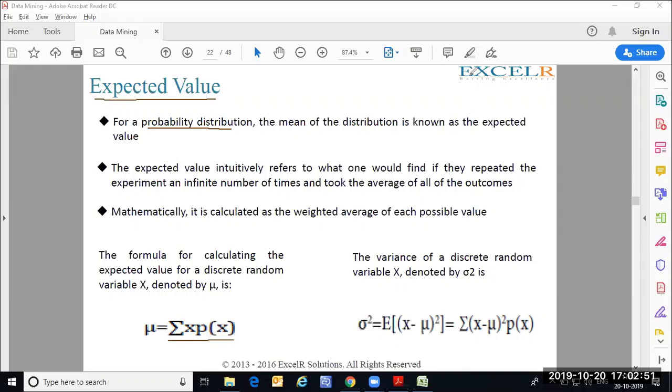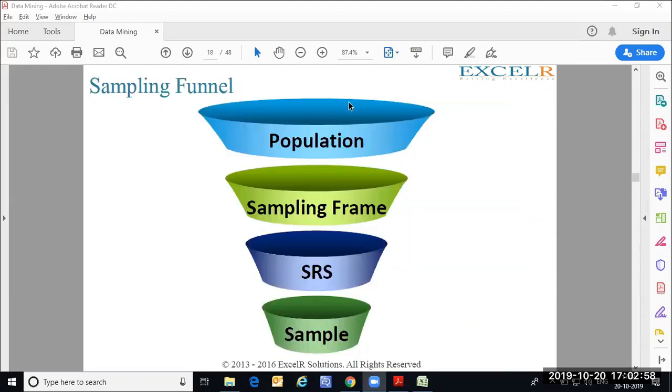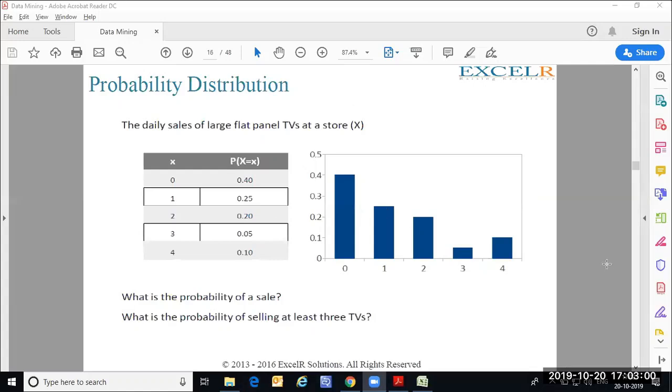Let's go back to the same example we had seen. What is the relative probability that no TV is getting sold? 0.40. One TV, 0.25. Two TVs, 0.20. Three TVs, 0.05. Four TVs, 0.1.